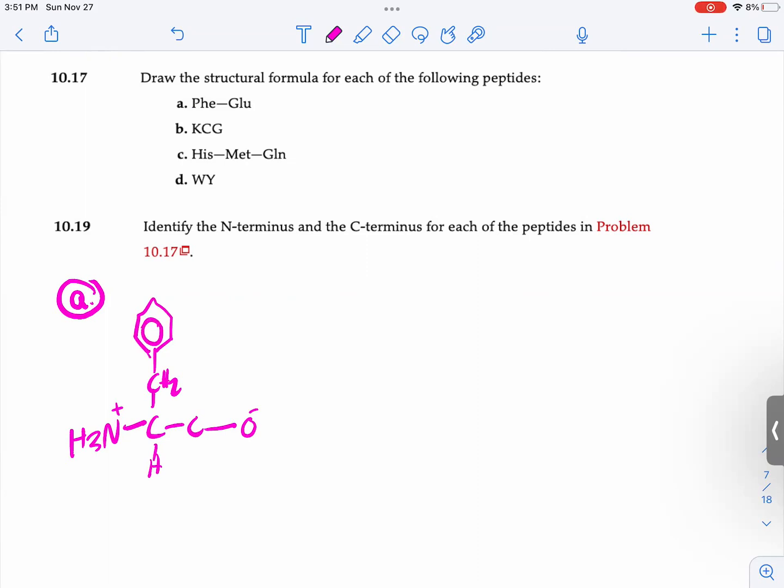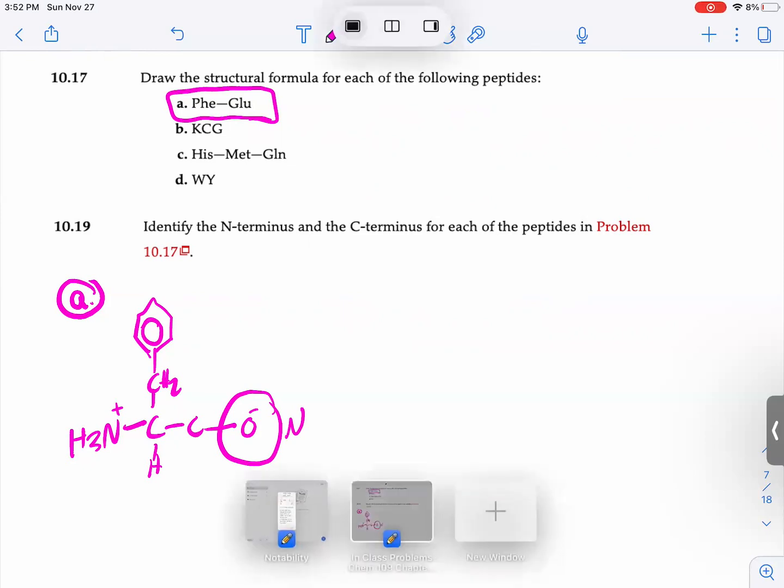And we know that we're going to lose an oxygen and two hydrogens in this condensation reaction, because we have a dipeptide, right? So this is going to come off.